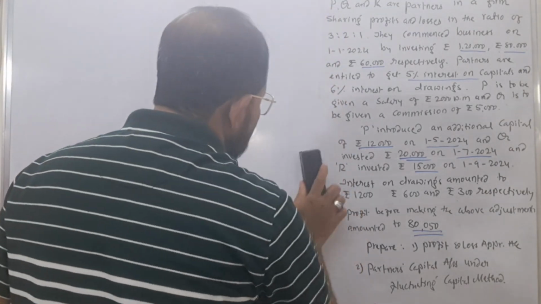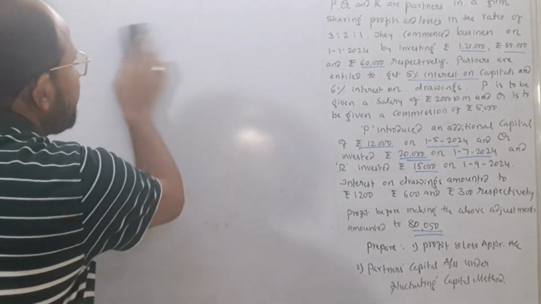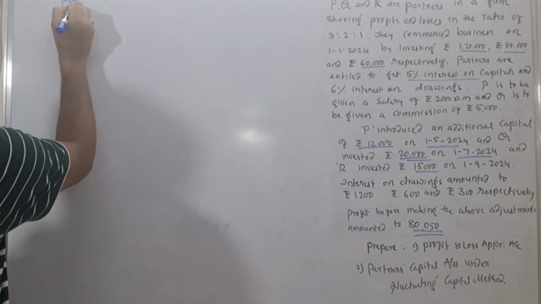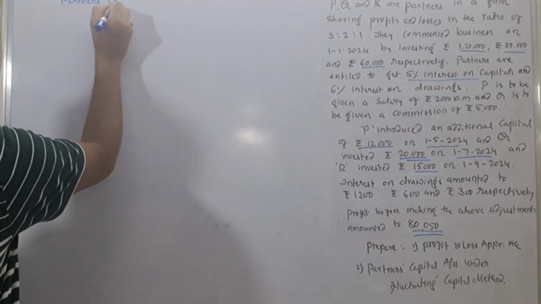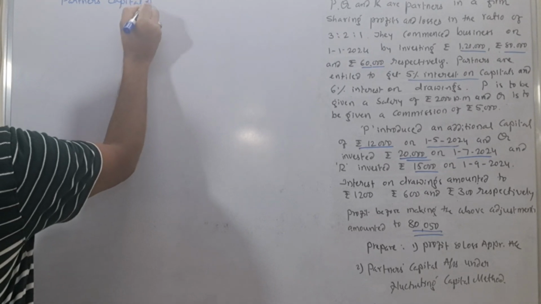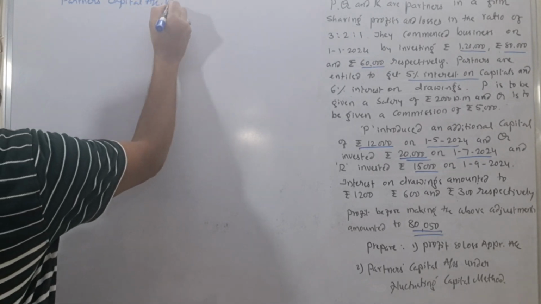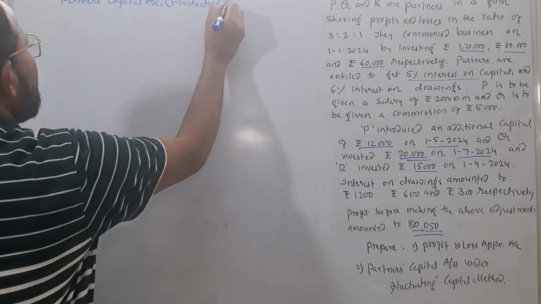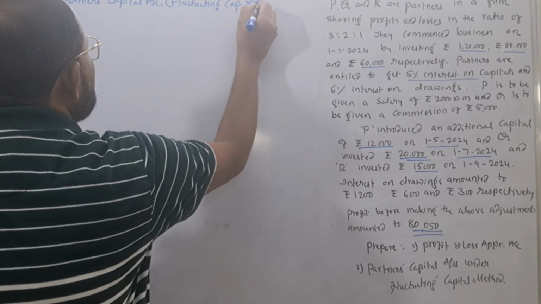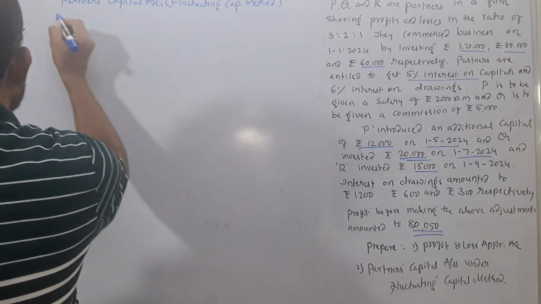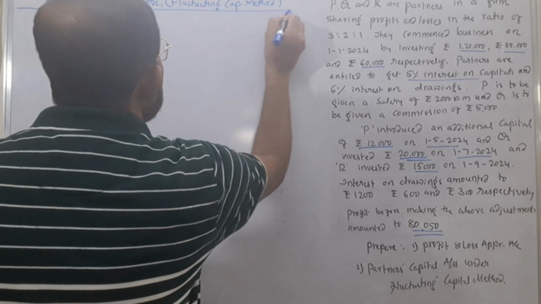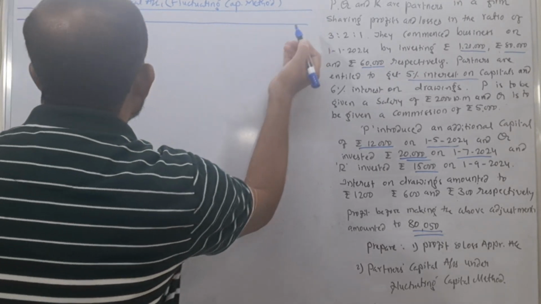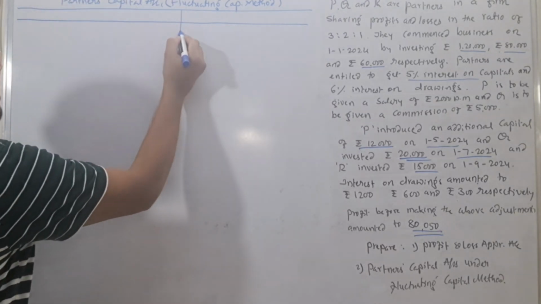Now we'll prepare partners' capital accounts under fluctuating capital method. Partners' capital accounts. Which method we are following here? Fluctuating capital method. Under fluctuating capital method, we prepare combined account here. Instead of preparing separate account in the name of every partner, combined account can also be prepared. Here 3 partners are there.